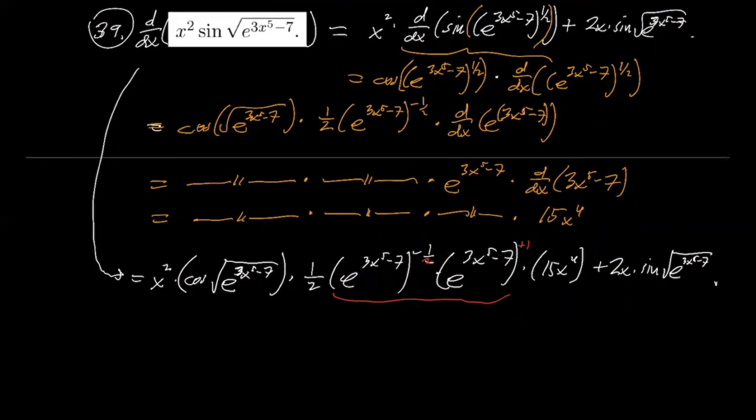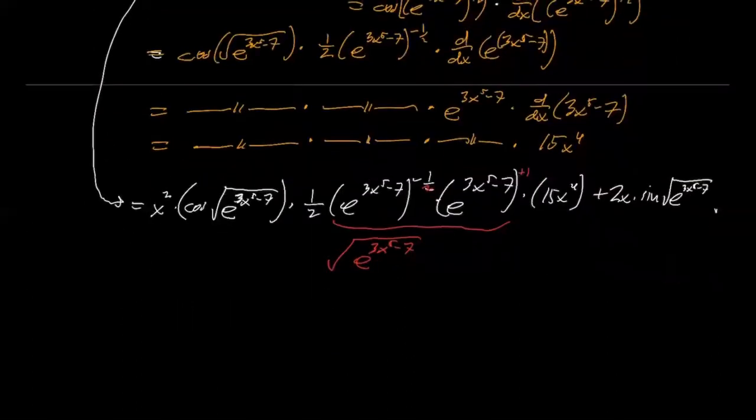Oh, I know why. Okay, I see why. I'm being kind of silly. I see why this is going to happen. Yeah. Okay. So this is actually e to the 3x to the 5th minus 7. It's really to the 1/2 power, so it's the square root of all that.